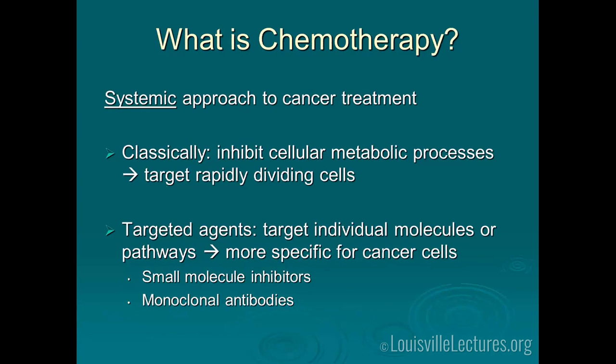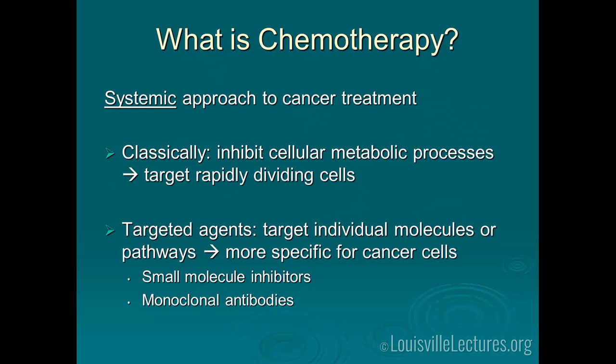So chemotherapy is a systemic approach to cancer treatment. For most of the 20th century and the early part of the 21st century, when we talked about chemotherapy, we talked about intravenous drugs that target rapidly growing cells. They target some sort of cellular process like the mitotic spindle or DNA replication to target the fast-growing cells.